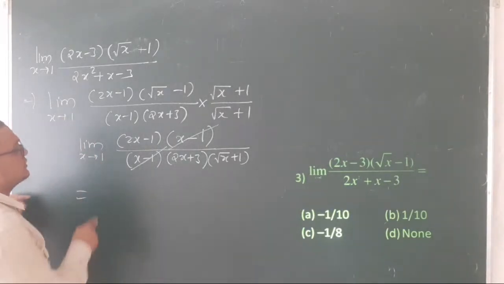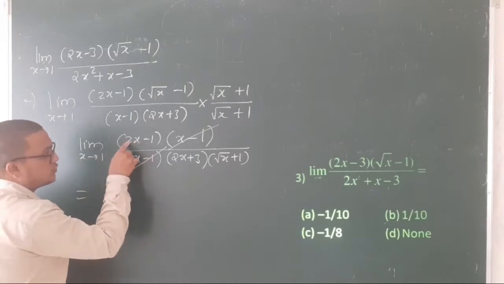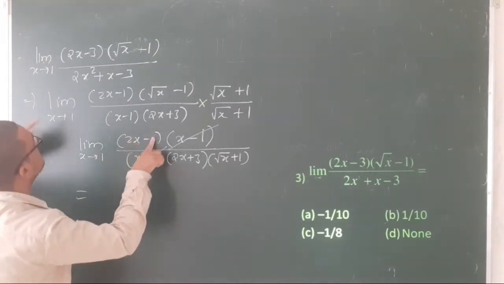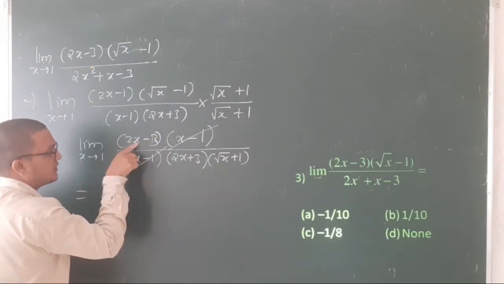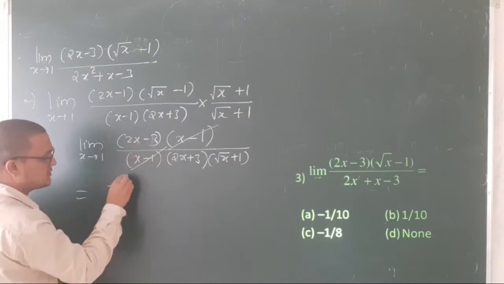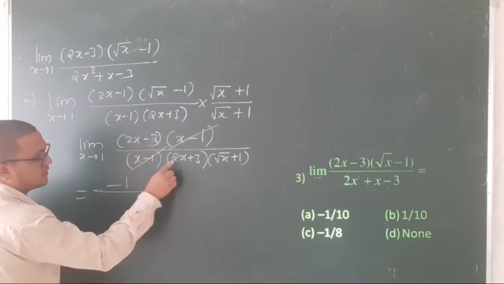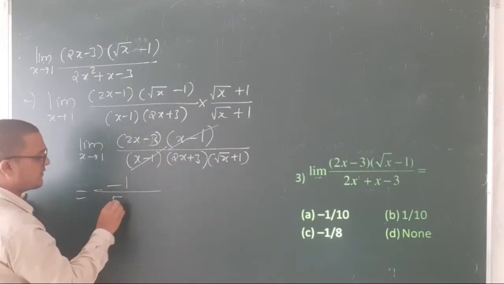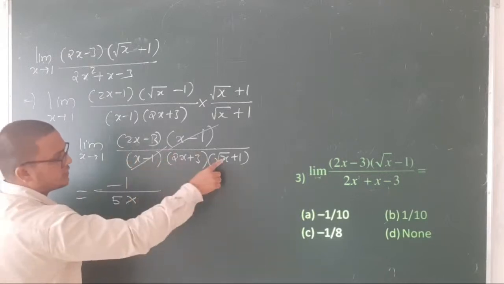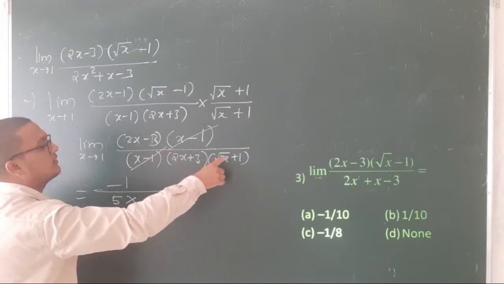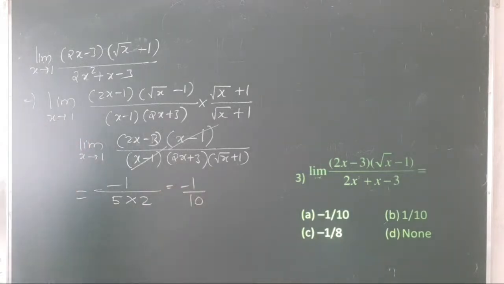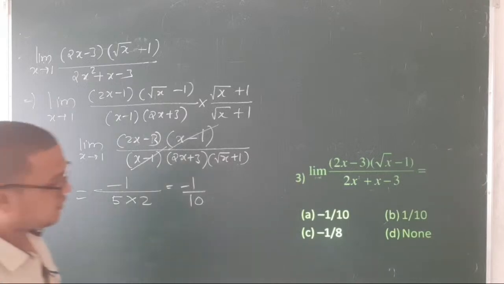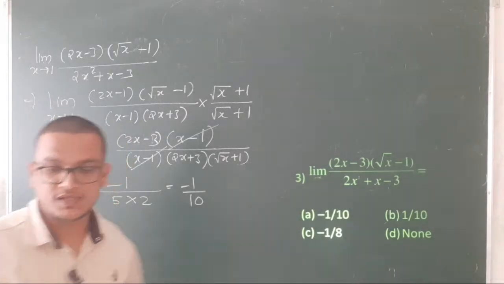Now check it. If I substitute the limit x tends to 1 here, 2 ones are 2 minus 3 is minus 1, divided by 2 ones are 2 plus 3 is 5, into root of 1, which is 1, plus 1 is 2. So the answer is minus 1 by 10. Option A is correct.